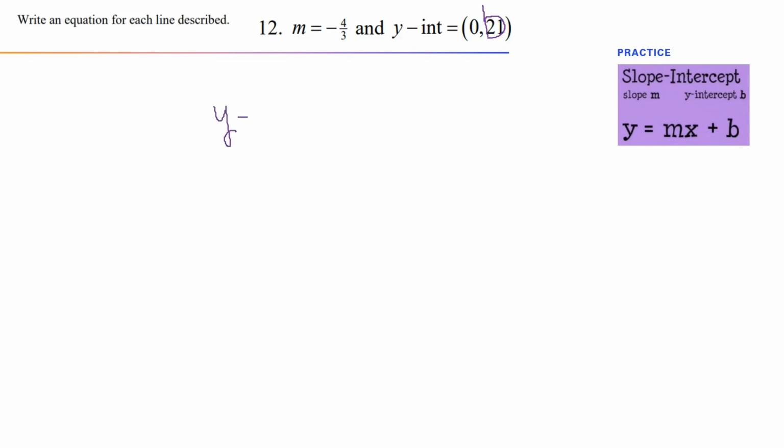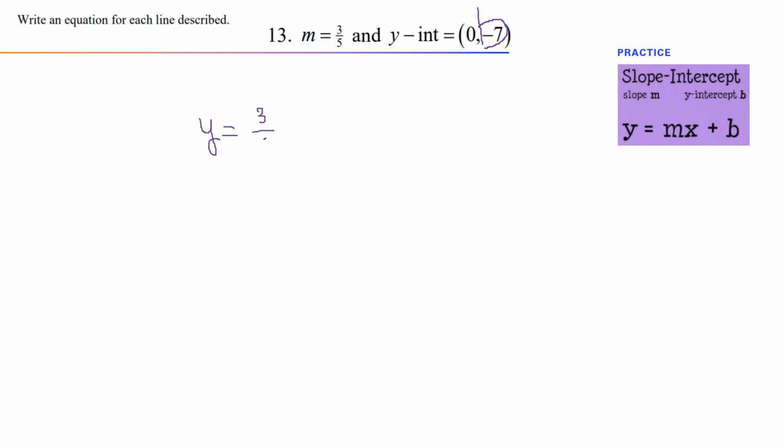So y equals negative 4 over 3 x plus 21. This one is similar, so we know this value is b. So we have y equals 3 over 5 x minus 7.